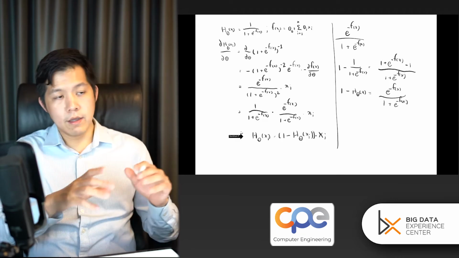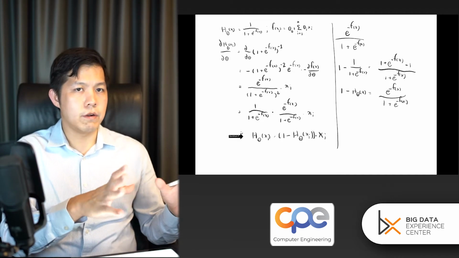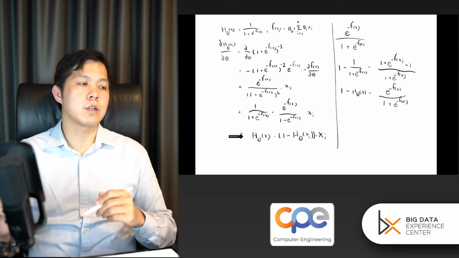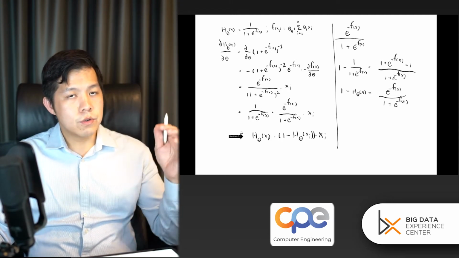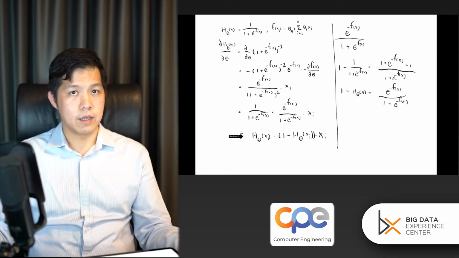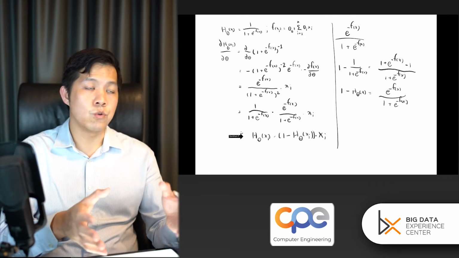But the property itself still reflects something that is in deep learning. You want a function whose derivative is easy to calculate, so that you can use that to optimize the model.